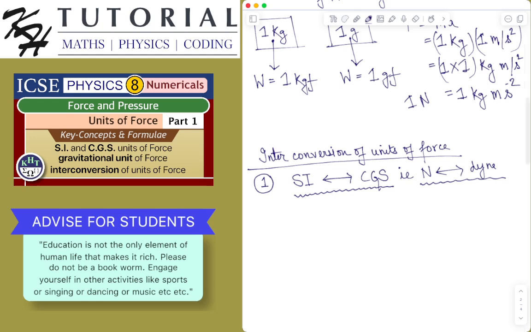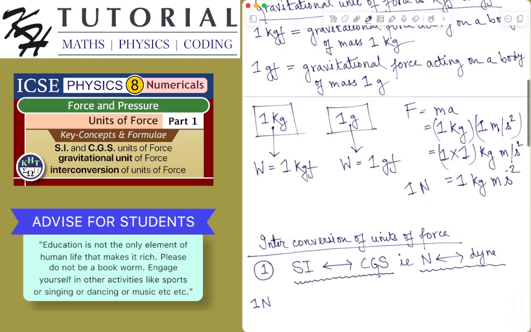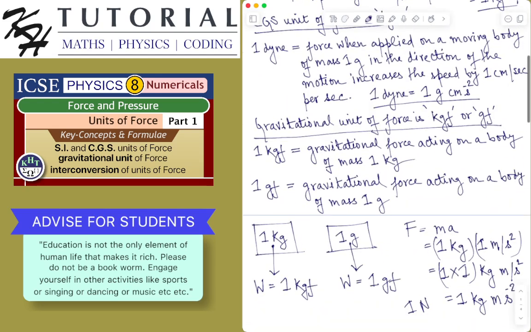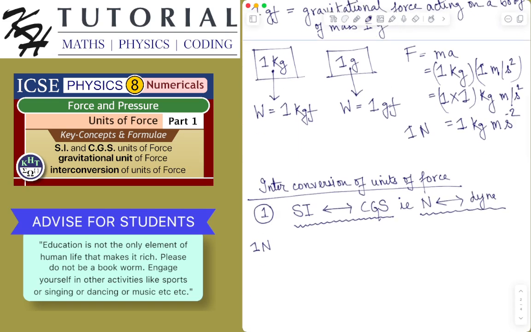So let's see. I have 1 Newton and I have to convert it into dyne. 1 dyne is 1 gram centimeter per second square. So 1 Newton is equal to 1 kilogram meter per second square. Now the unit of second is the same in both SI and CGS.